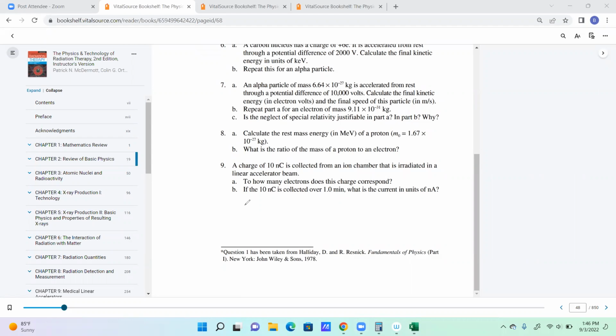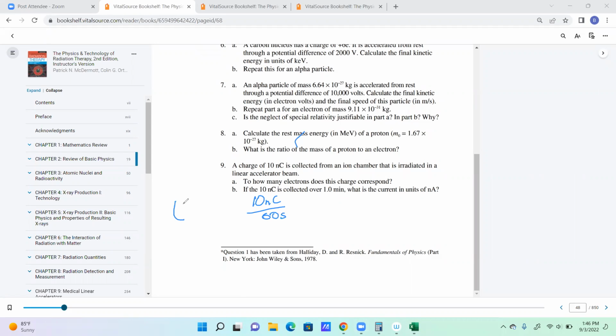So you take the 10 nanocoulombs and divide that by 1 minute, which is essentially the same thing as 60 seconds.